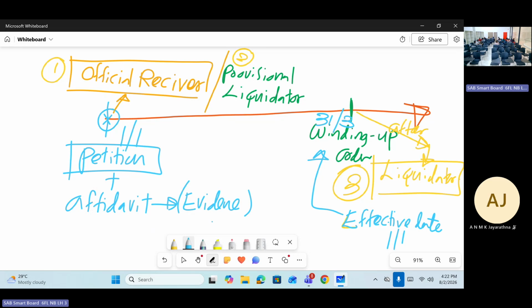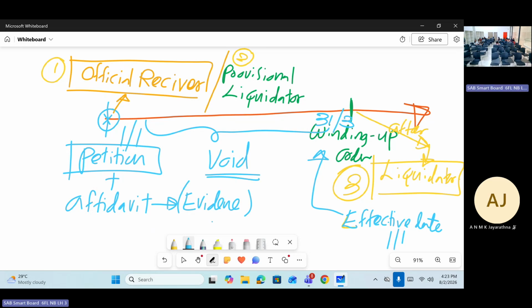The reason is, after filing the petition and until the winding up order is given, if any transfer of any property of the company, disposition, or alteration made to the rights of the shareholders, all the transactions are to be treated as void.